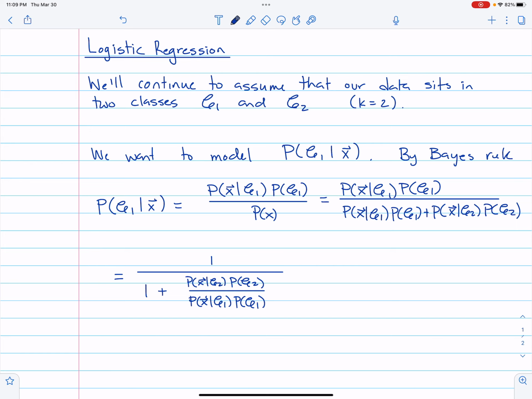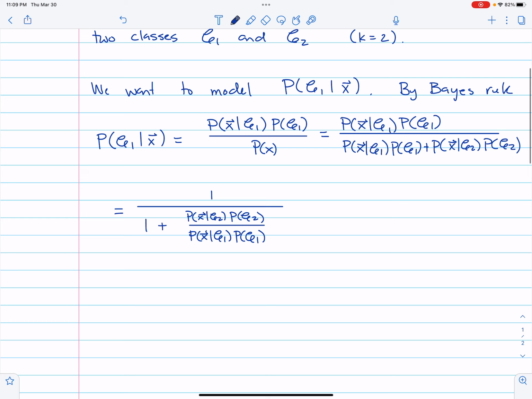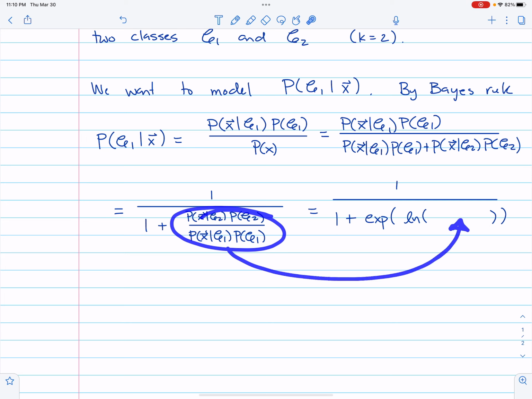Okay? It doesn't seem immediately obvious why we did that, and we're going to do one other thing that is not immediately obvious, but bear with me for a minute. We're going to take that remaining piece here, take the logarithm of it and then take the exponentiation of it. So we're going to take exp times the logarithm, and essentially put this thing inside this logarithm.